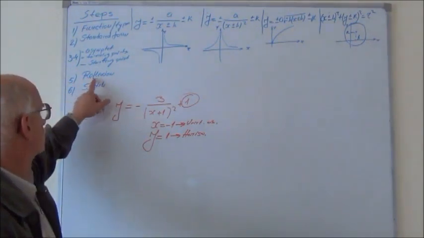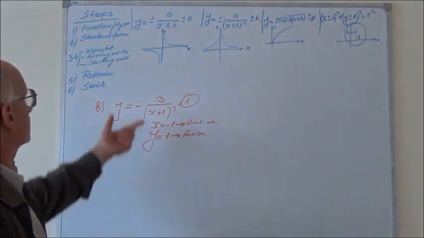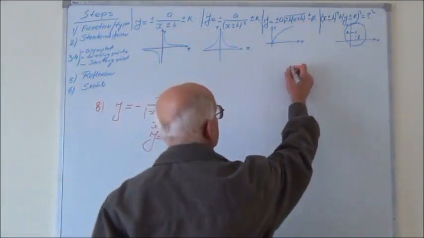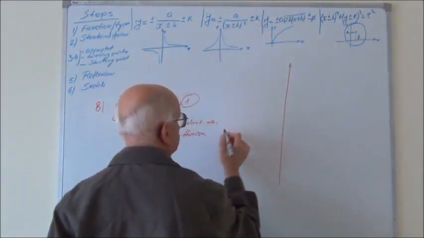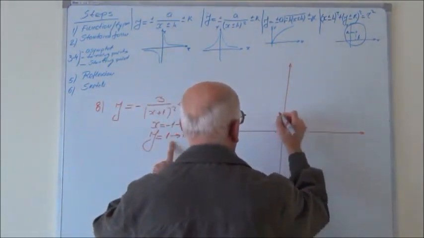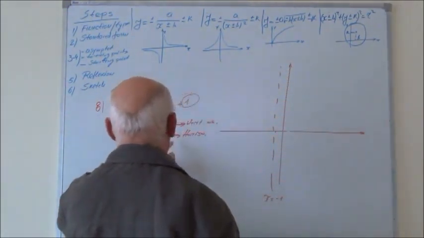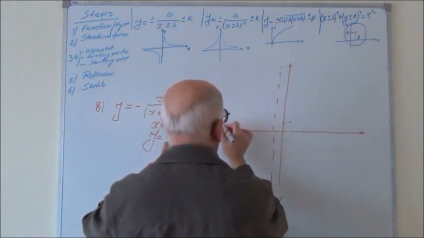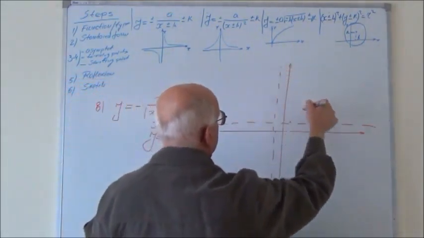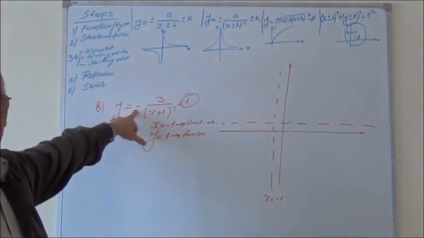Do we have reflection or not? Yes, we do, because the minus in front of this major part is giving us reflection in the x-axis, and we can sketch the graph. Minus 1, plus 1, and instead of sketching it like this, we are going down because of this minus here.